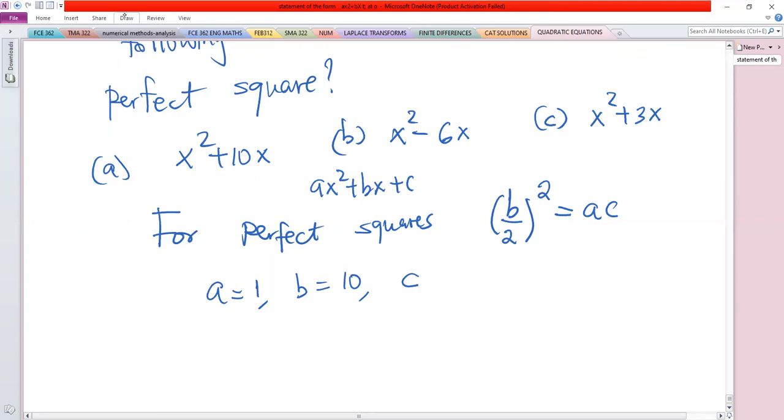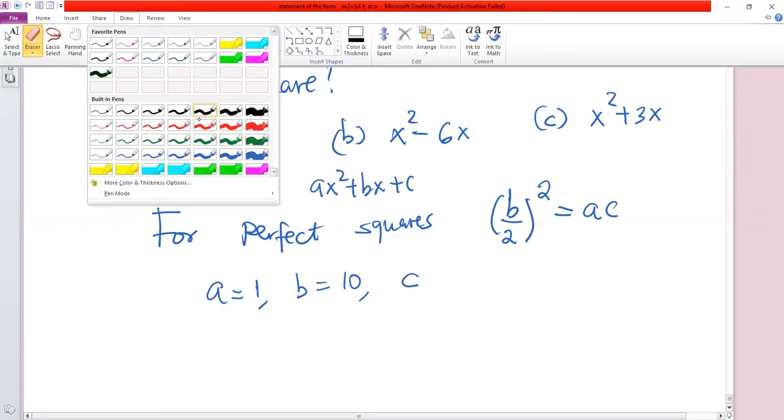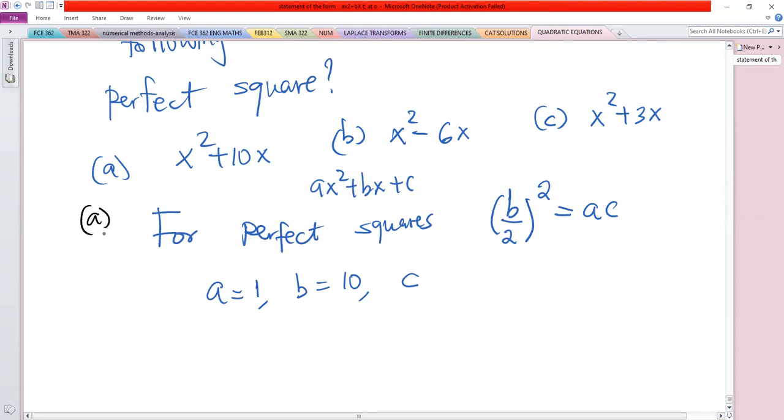Remember, we are explaining for first part A. So b is 10 divided by 2. When I square, I should get a, which is 1, times c, which is unknown. 10 over 2 is 5. 5 squared is 25. So 25 must be 1 times c, which is c.